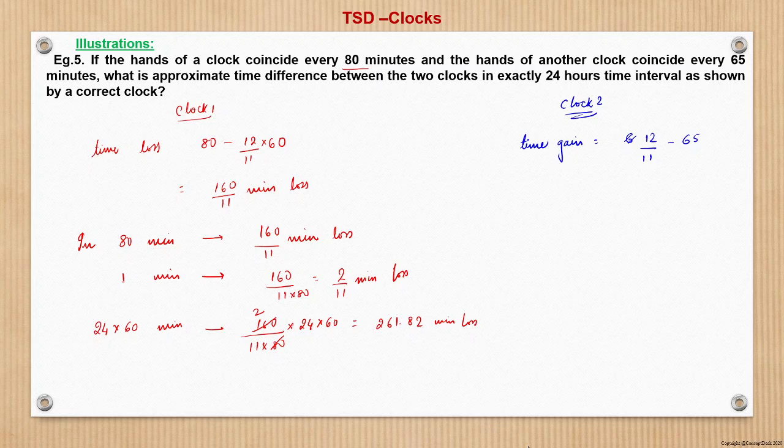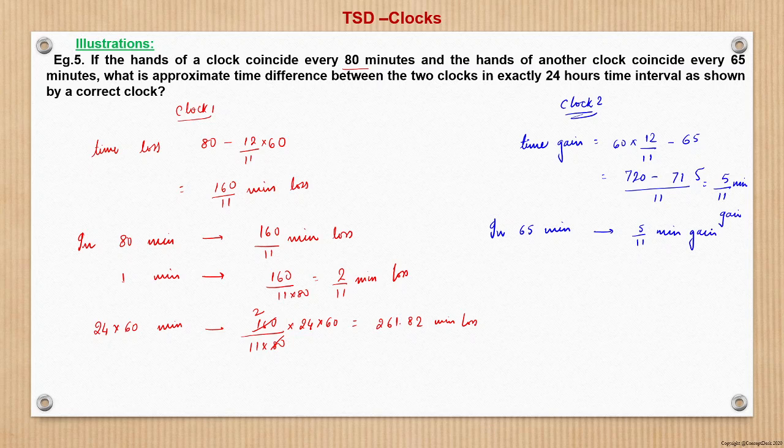So here we will multiply this with 60 to convert this to minutes. So this becomes 720 minus 715 upon 11, which is nothing but 5 upon 11 minute, and this is the gain. So basically we can say that in 65 minutes as shown in the true watch, the faulty watch gains 5 by 11 minute.